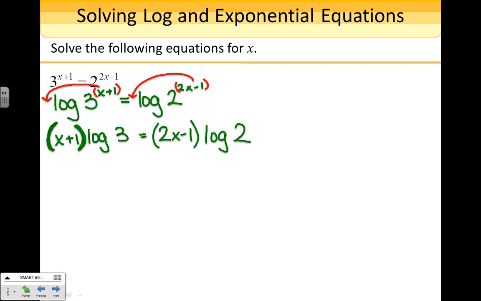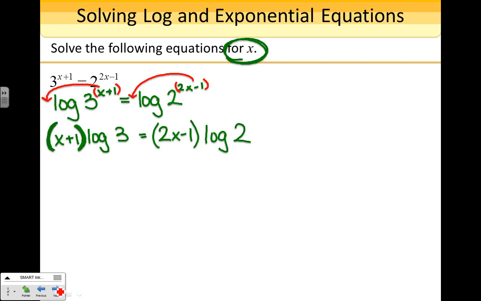All right, so this one gets a little tricky, because I don't want to just divide by my log base 3. I'm trying to solve for x. I'm trying to get to my x, which is inside the parentheses. So let's go to the side here.